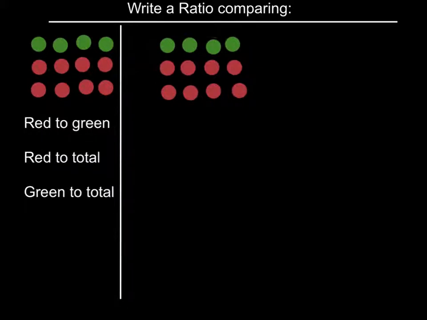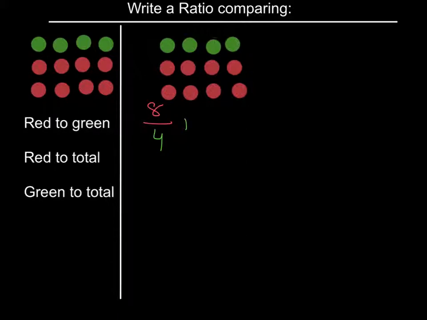I see I have 1, 2, 3, 4, 5, 6, 7, 8 red dots, so it's going to be 8 over, and then green, I have 1, 2, 3, 4. So 8 over 4. The ratio of red to green is 8 to 4.